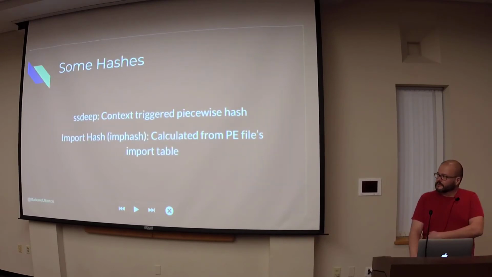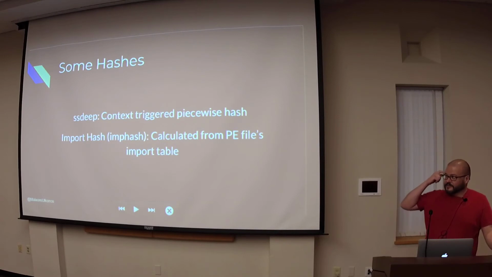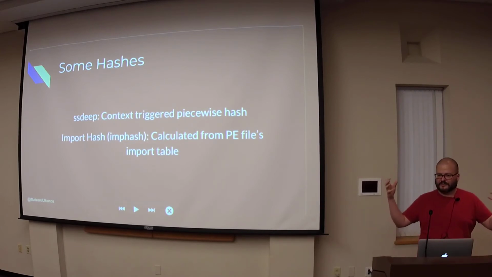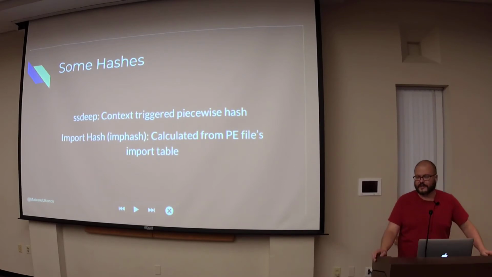So a couple of interesting hashes are SSDeep. SSDeep is a context-triggered piecewise hash. If you have an MD5 hash or a cryptographic hash like that, and you change even a small piece of a file, like flip 1 bit, you're going to change the entire hash value. And that's what it's designed to do: it's designed to detect small changes like that.